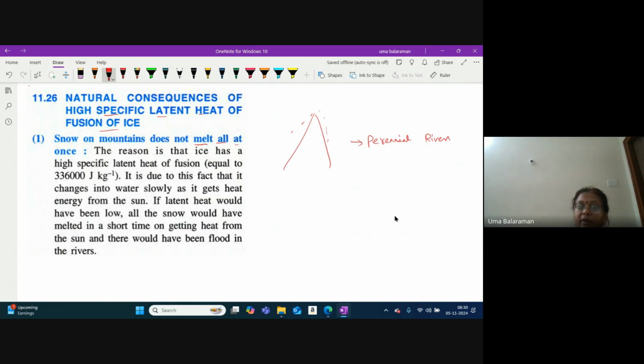Since nature has given ice a high specific latent heat of fusion, it slowly melts and we get perennial rivers, and it benefits all life forms. Since for every kg this much energy is needed, it slowly melts and we get continuous water flow. Had it been low, it would melt in a short time and there would be flash floods.